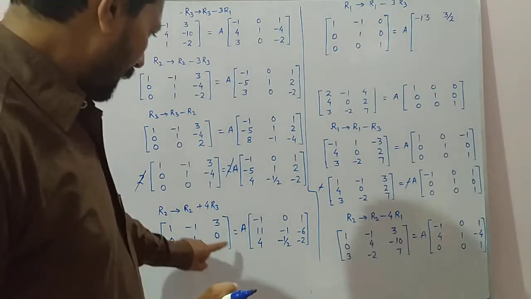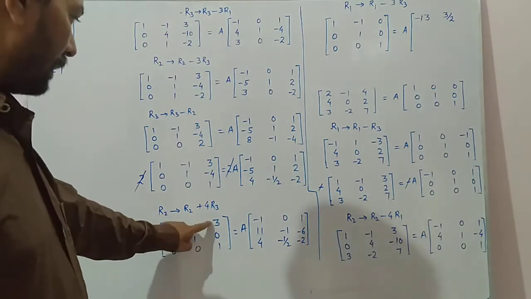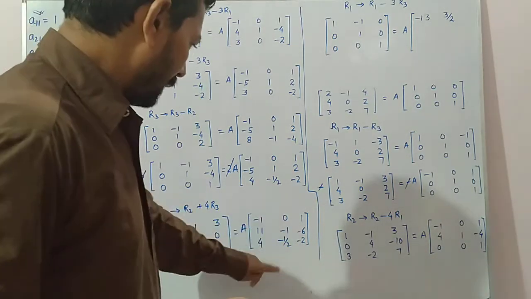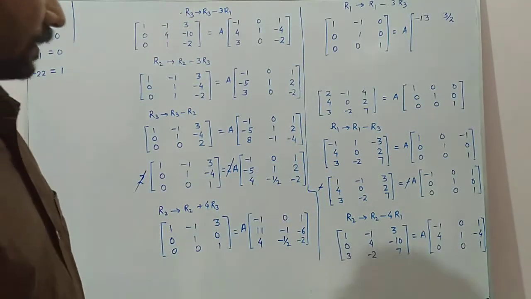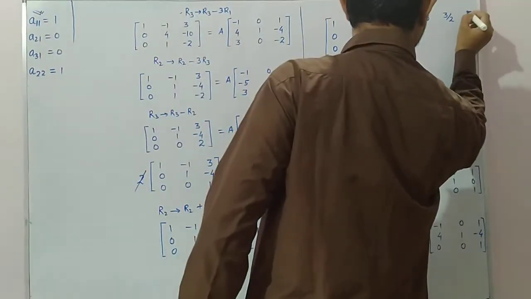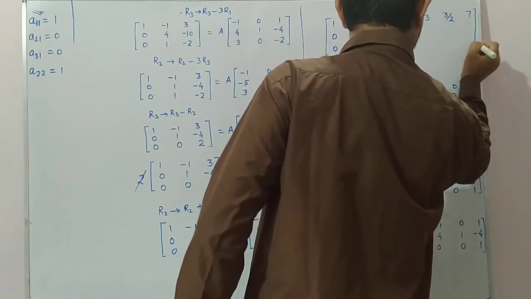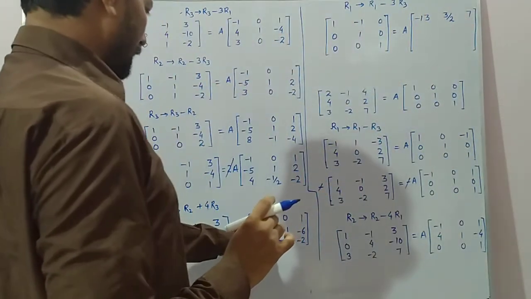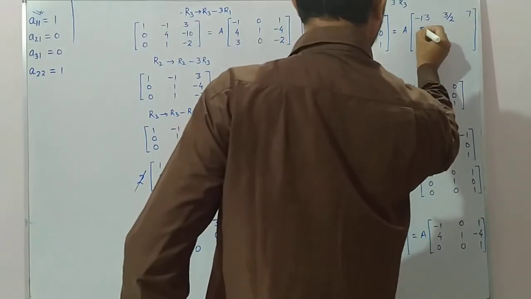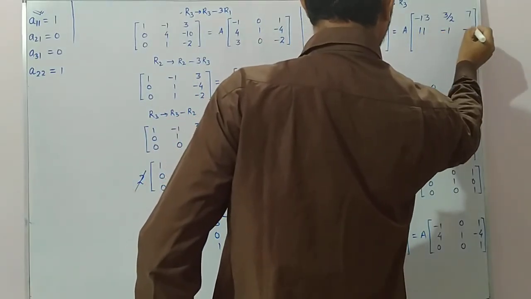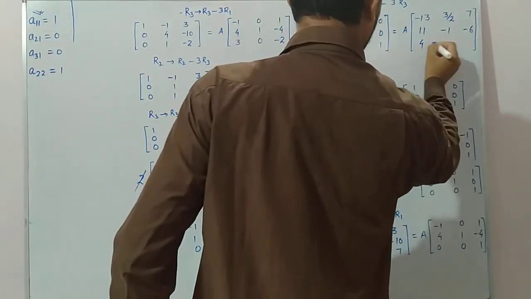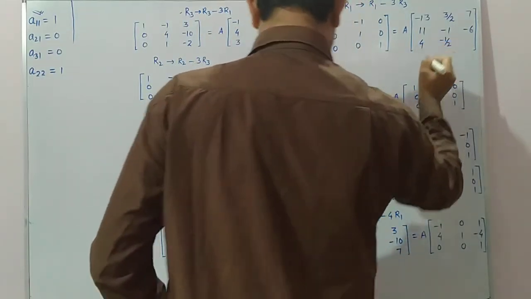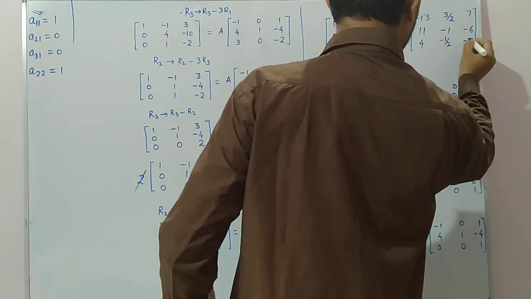Then this is 3 here. 1 minus minus plus 3 into 2, 6. This is 7. Remaining will be as it is, 11 minus 1 minus 6, 4 minus 1 by 2 minus 2.